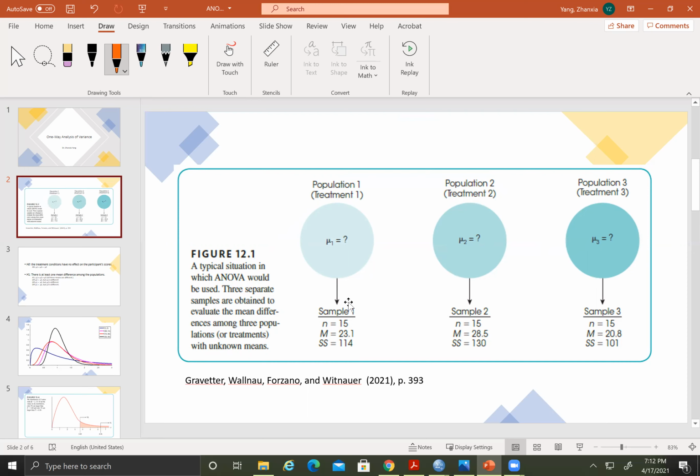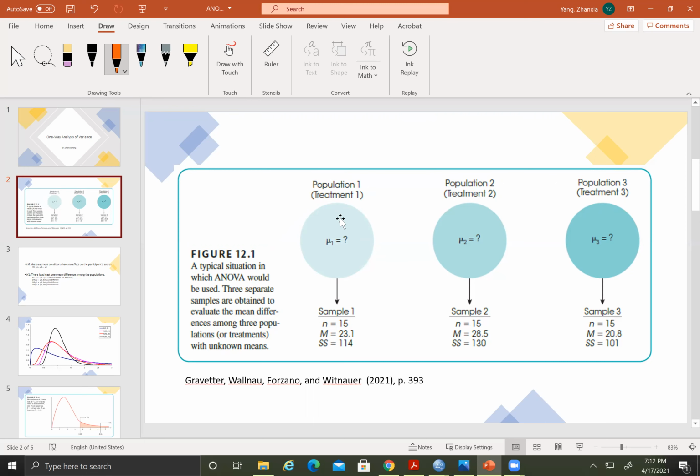Whenever you want to examine if different groups are different, you can use this mean difference examination to see if they are different statistically. One thing I want to point out here is that it's population 1, 2, 3.